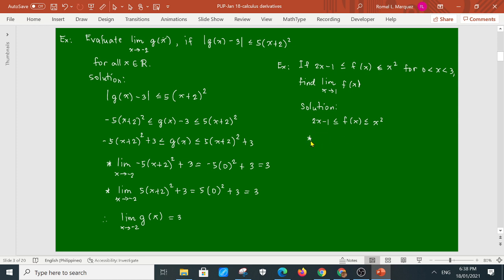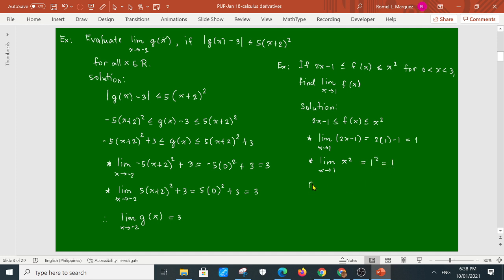As x approaches 1, what's the limit of 2x minus 1? As x approaches 1, 2 times 1 minus 1 equals 1. What's the limit of x squared as x approaches 1? That is 1 squared, which equals 1.